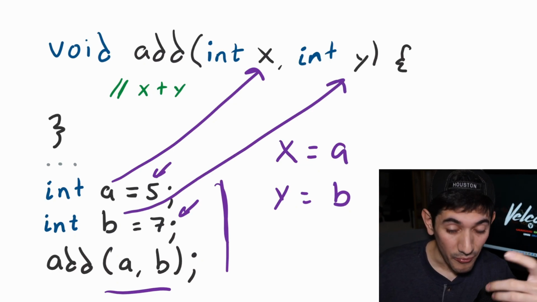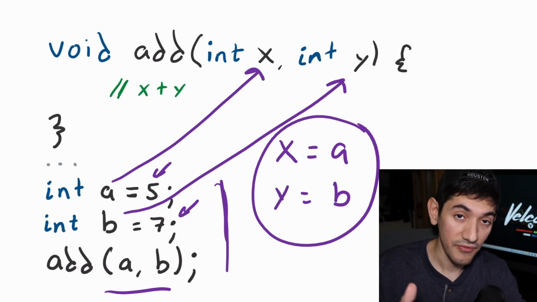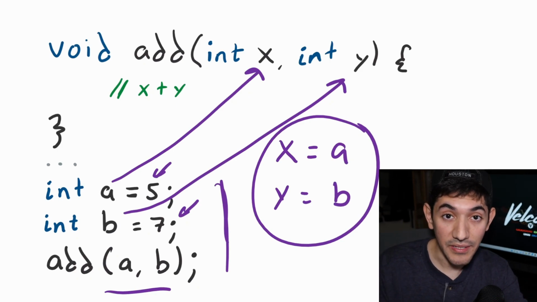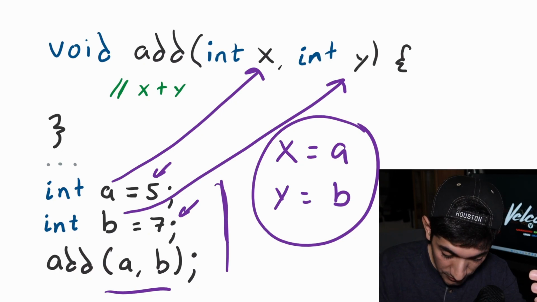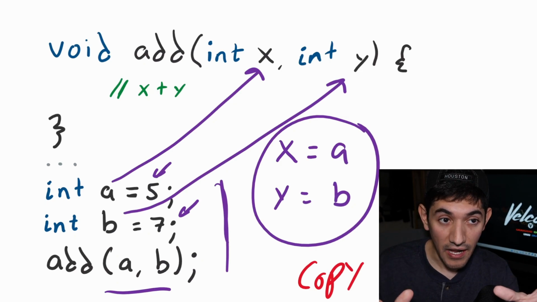So notice we have the exact same theme that we talked about earlier. The value of a gets copied into the value of x, and the value of b gets copied into the value of y. The keyword here is copy. So we're copying values from one variable into another.